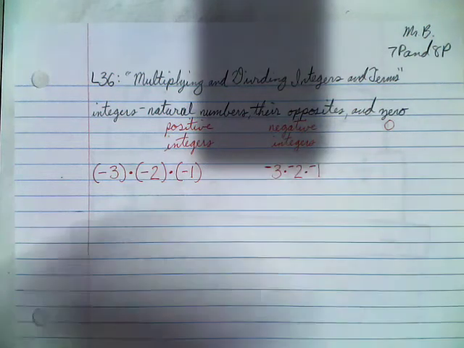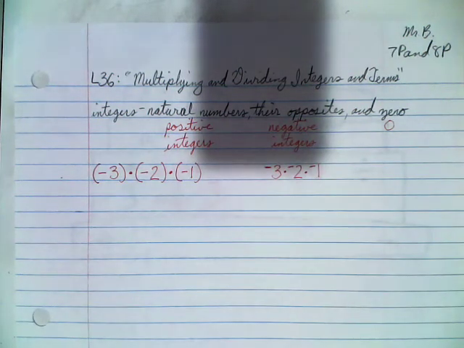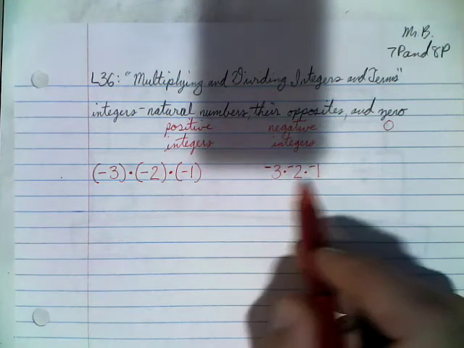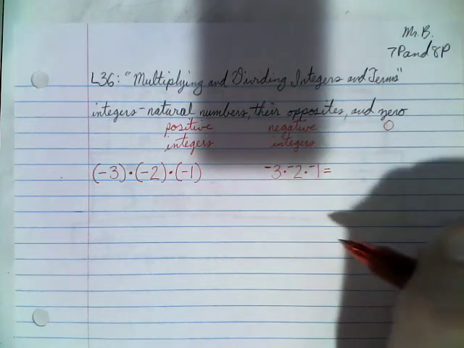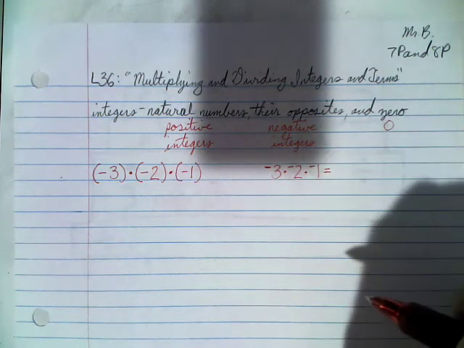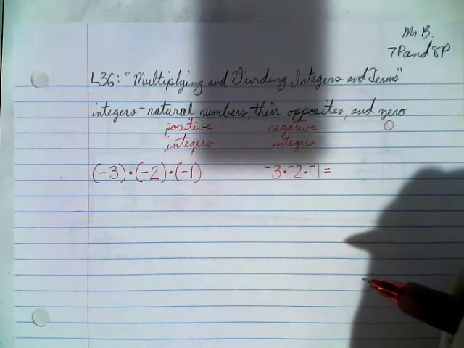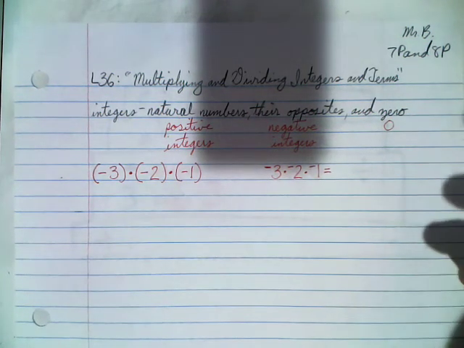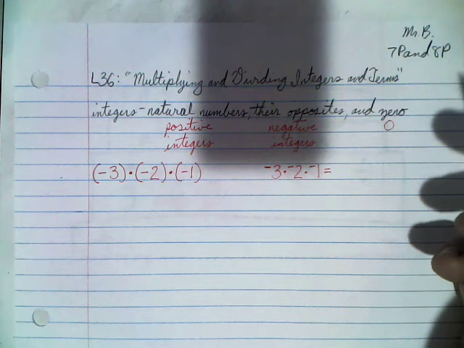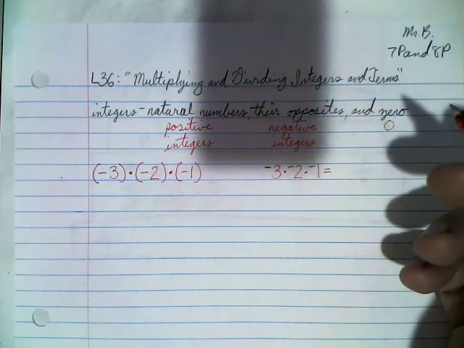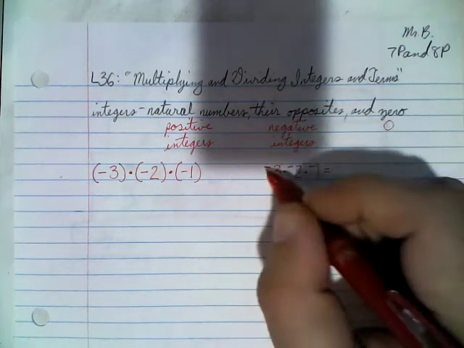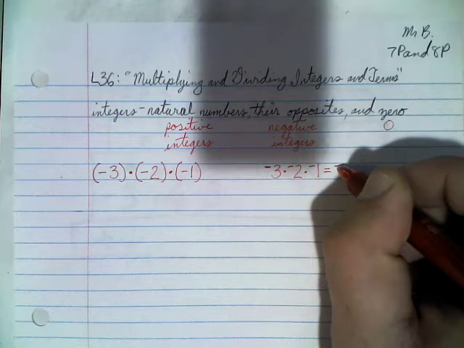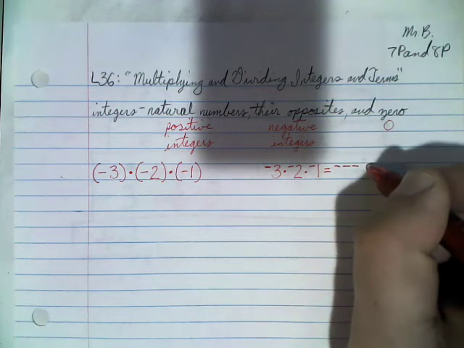And since those negative signs are connected to their numbers with the same kind of strength as the operation we're doing, each one of these negative signs is going to tag along to our answer. And so multiplication becomes the tag along operation. And we see this also with units, that units tag along to our answer in multiplication. So if each one of these negative signs tags along to my answer, I have a negative, negative, negative 6.